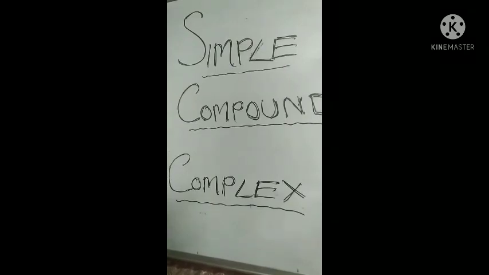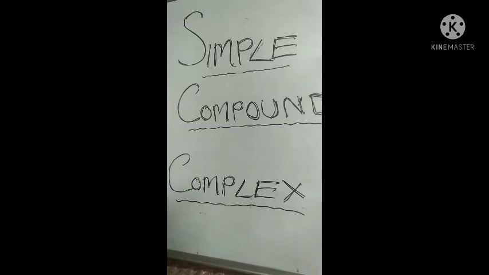The simple sentence was "the sun having risen, the fog disappeared." So "the sun rose" is one sentence. Then you attach the second sentence with a coordinating conjunction, that is "and": the sun rose and the fog disappeared.